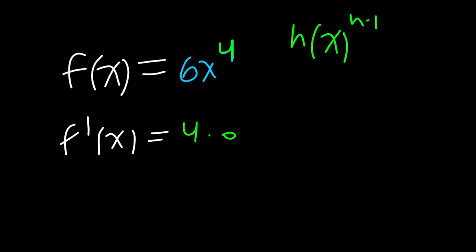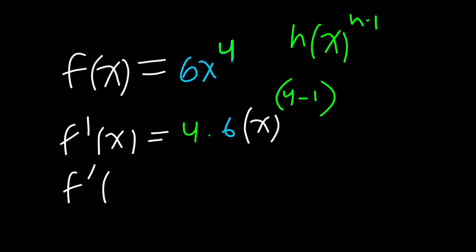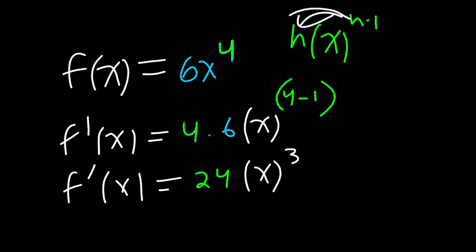So it's going to be 4 times 6, because that's already there, x to the exponent minus 1, which is going to simplify to f prime of x equals 24x to the third, and that is our derivative of 6x to the fourth. So you don't just bring the n to the front and call it a day, you bring it to the front and multiply by the coefficient that's already there. If the coefficient's 1, fine. But if it's 2, you gotta multiply it every time. And that's the power rule.